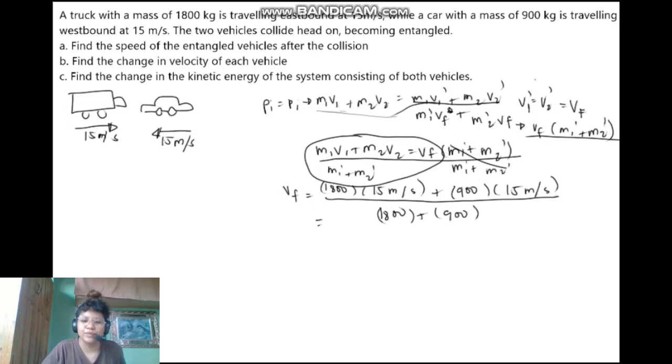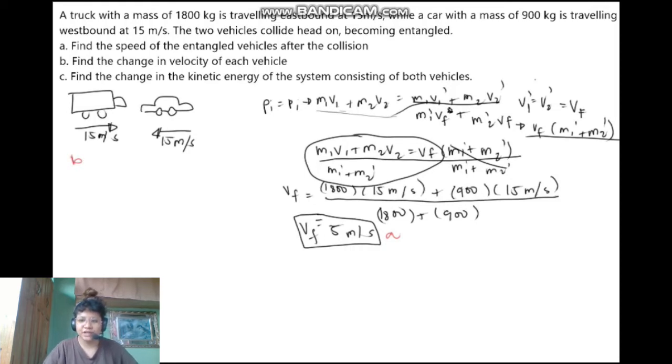When we compute that, we get a final velocity of 5 meters per second. And that is letter A. Next, we need to find the change in velocity of each vehicle. So this is for letter B.